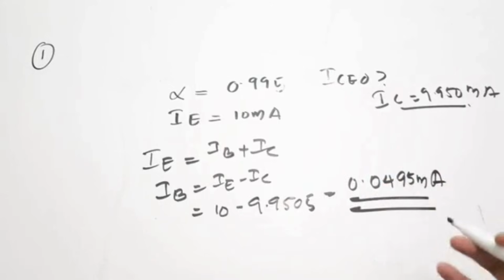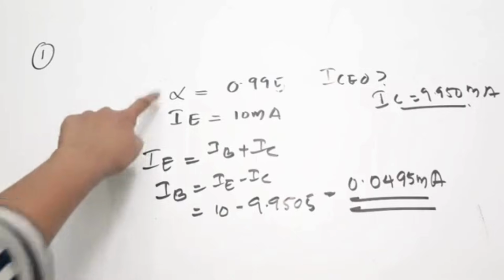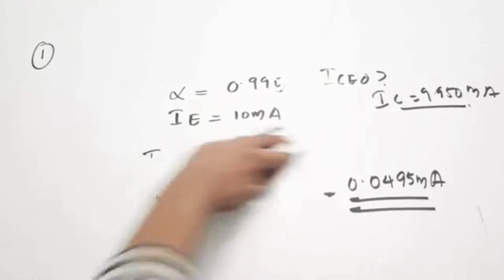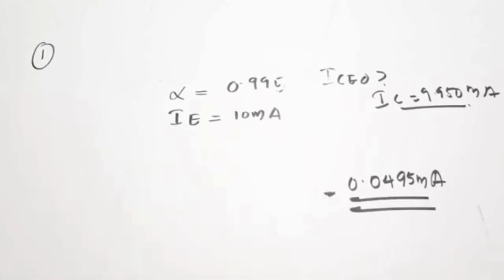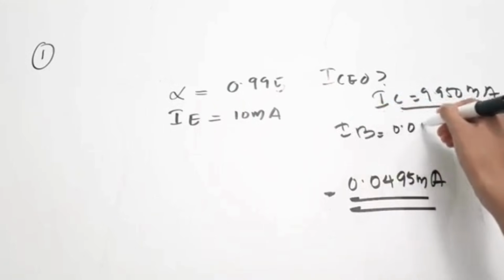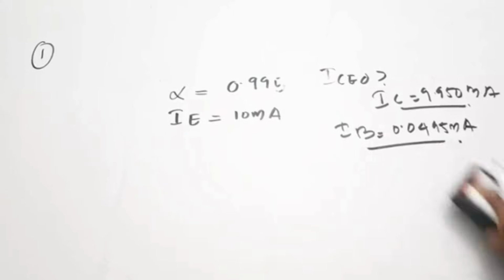Base current will normally be a very small value, and here also the value is very small, 0.0495 milliamperes. I'll note IB here. Next, we are going to find beta.